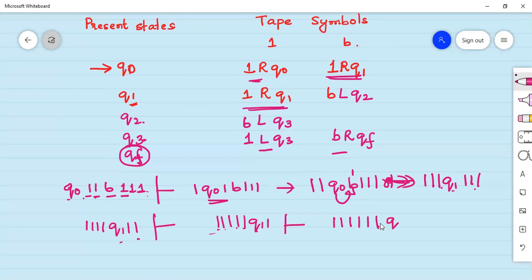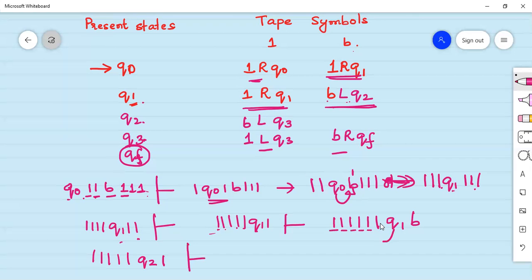Now what have I reached? I have reached Q1 on a blank because nothing else is there. So on reaching Q1 on a blank, what will you do? You move towards left and call that state Q2. So you will have 5 ones, 1, 2, 3, 4, 5 ones, and then this will become Q2 and a 1. Correct?